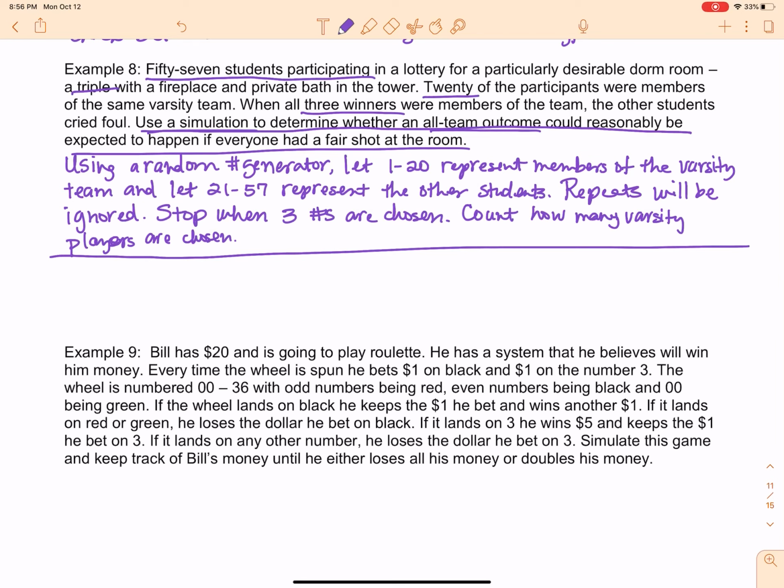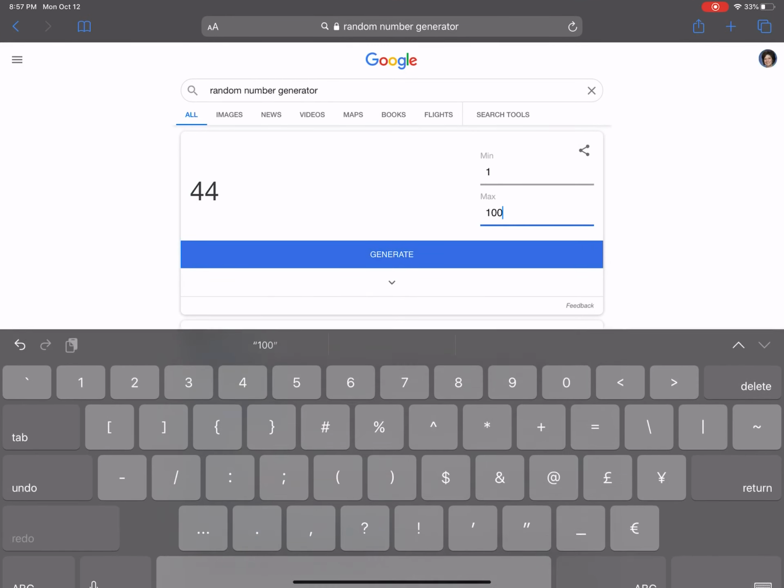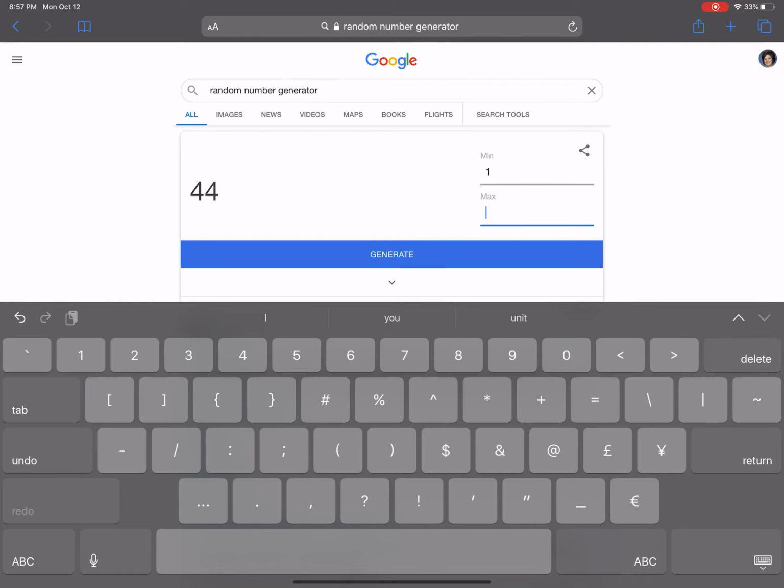So here's what I'm going to do. I am just going to show you my outcome of 5 trials. Okay, and I'm going to show you the first one with my random number generator here. I'm going to change my max to be 57. Okay, and I'm going to choose 3 numbers.